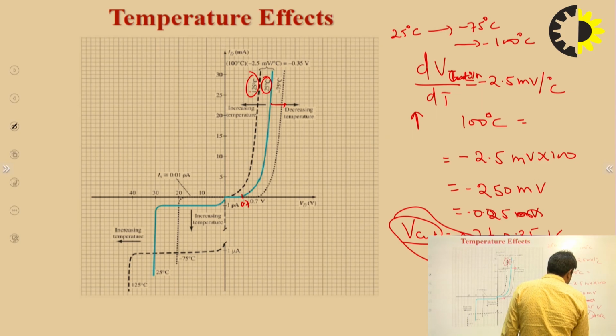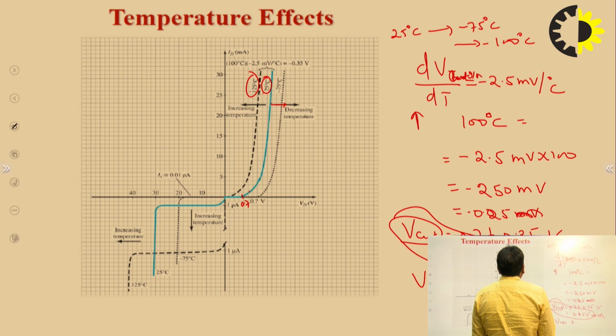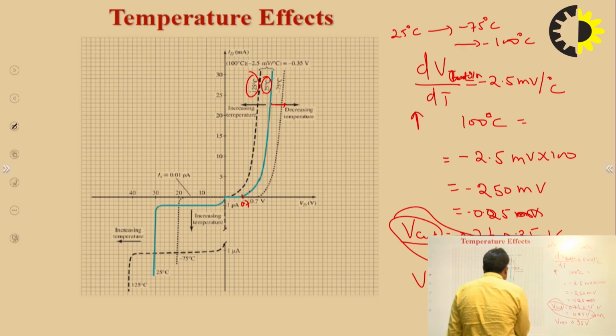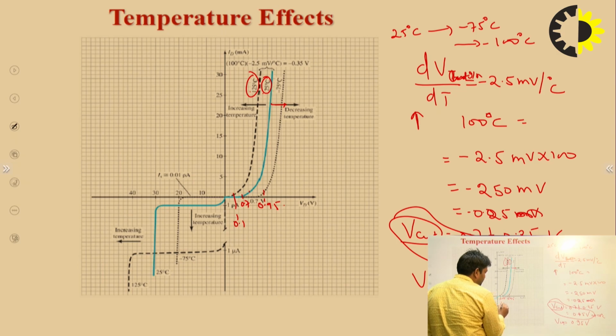The new cut-in voltage for this silicon diode at minus 75 degrees centigrade will be 0.95 volts. So this voltage is 0.95 and this one is 0.45.